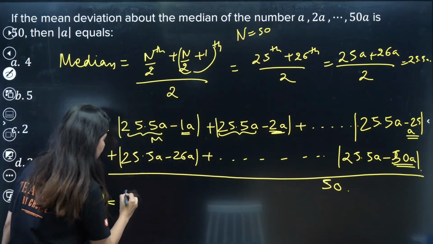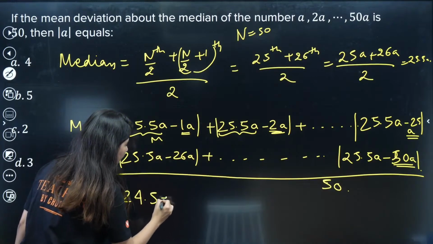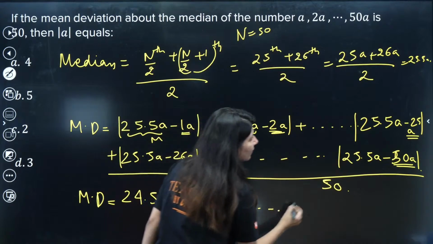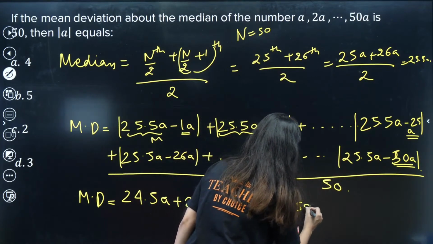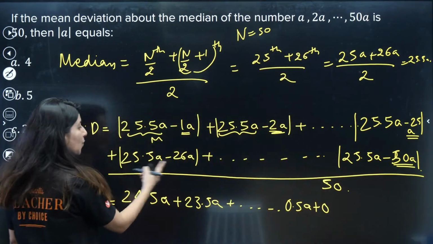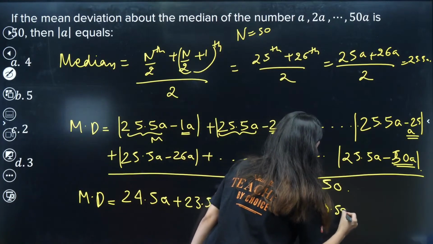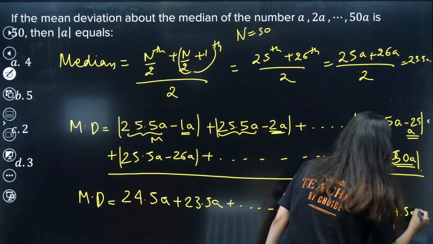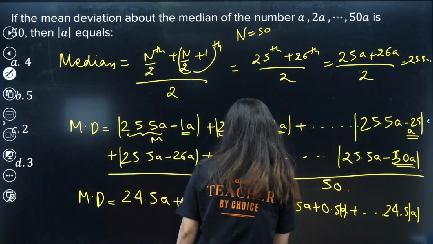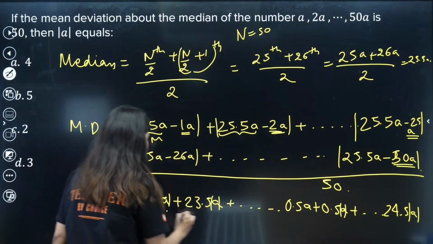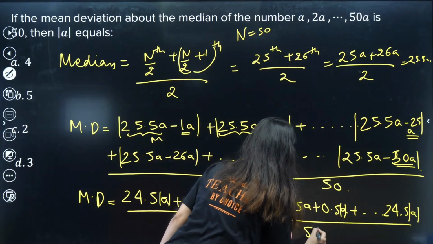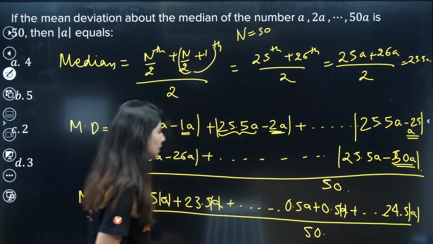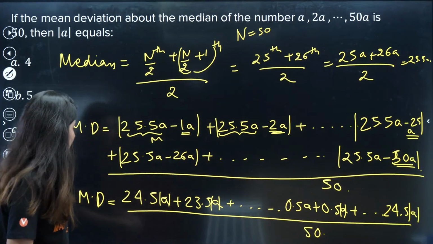So basically this is 24.5A plus 23.5A, and last we have 0.5A, plus again 0.5A, and starting from here 24.5A mod, whole upon 50. Right, now add the terms. You can clearly see 0.5 is appearing twice and every term is appearing twice.